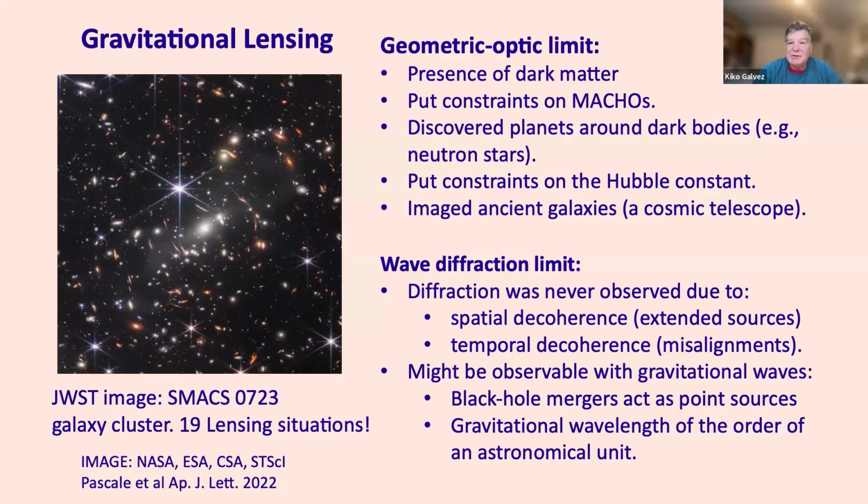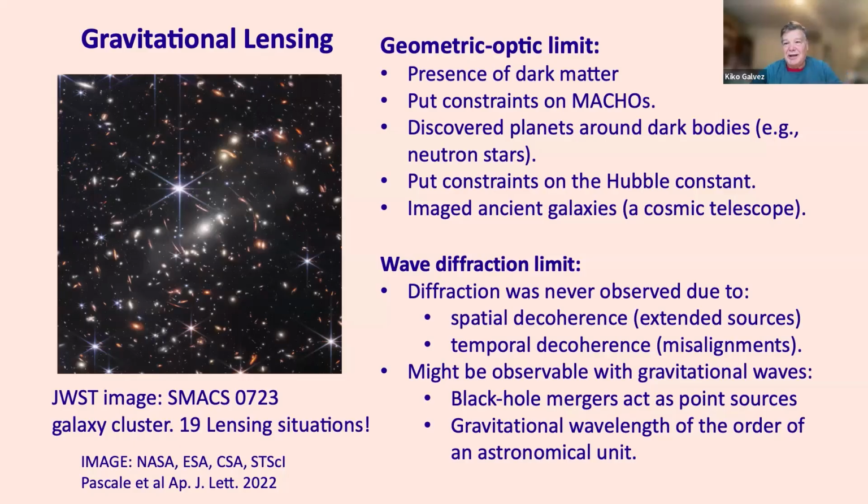And even if you have that spatial coherence, you need almost perfect alignment because the light has a very small wavelength. And when light gets lensed, the light is traveling vastly different paths that are light years in length, or even hundreds or thousands of light years in length.